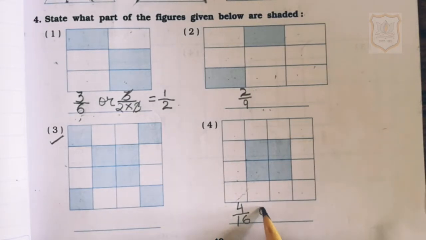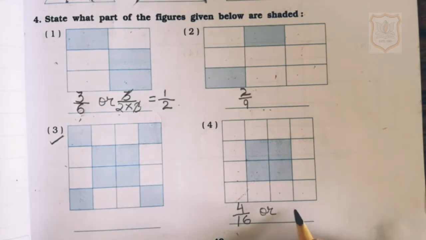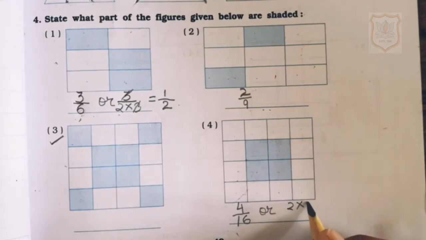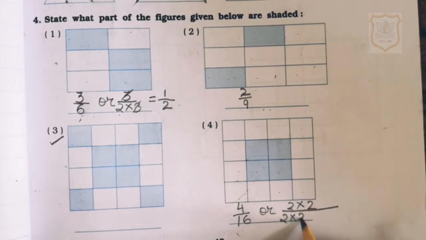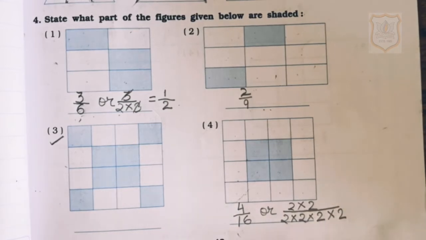Now we will find out the reduced form of 4 by 16. Here in the place of 4 we will write 2 multiplied by 2. 2 2s is 4. Here students, we have to write down the prime numbers only. In the place of 16 we will write 2 2s are 4, 4 2s are 8, 8 2s are 16, in this way.